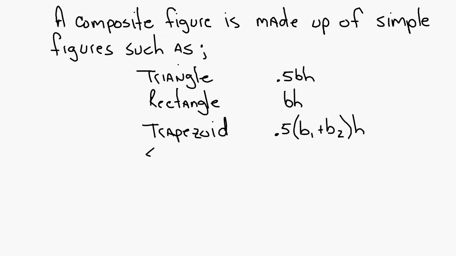Square, which is one of the sides squared. The area of a square is one of the sides squared. A circle, pi times the radius squared.